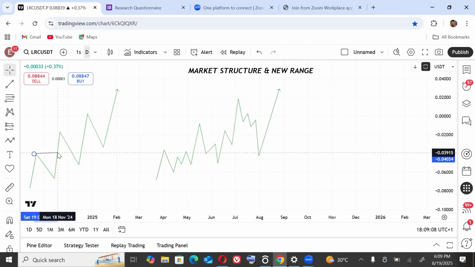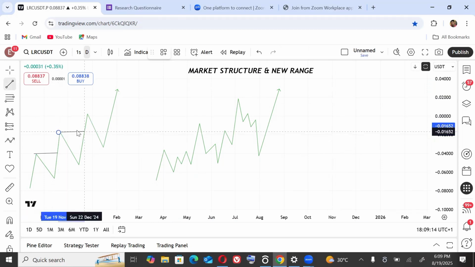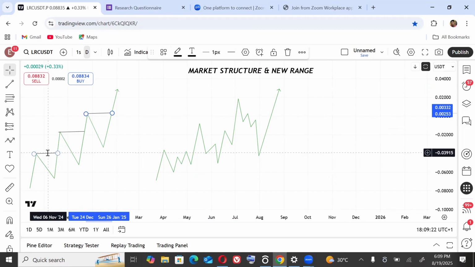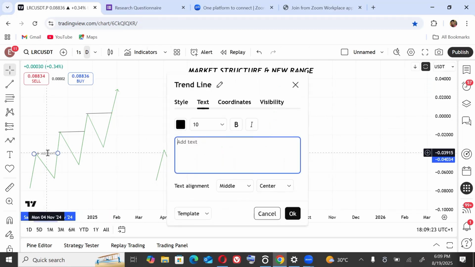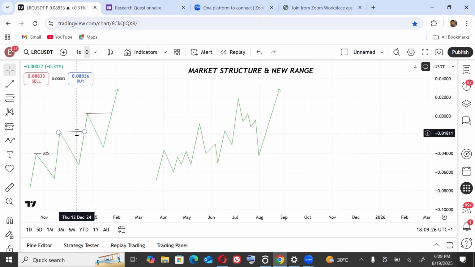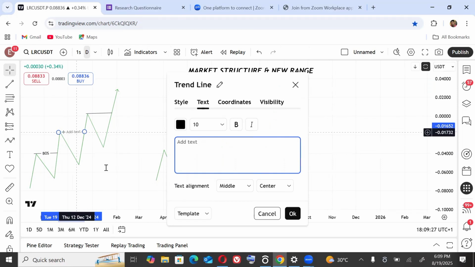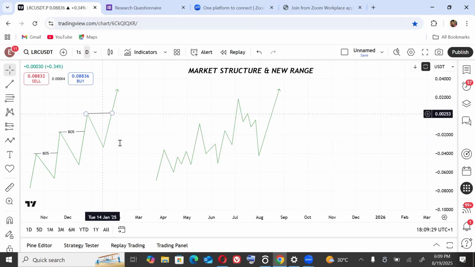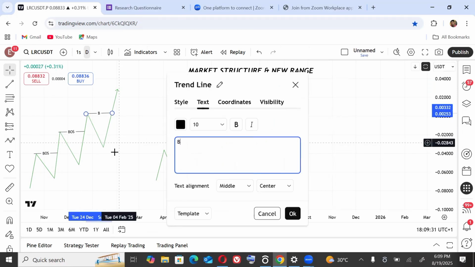So this is our breakout structure, right? This is the basic market structure, the one you are used to. Usually when the swing high is broken, we create a new high. So primarily, this is what we call BOS. It's another BOS here. Another BOS right there.